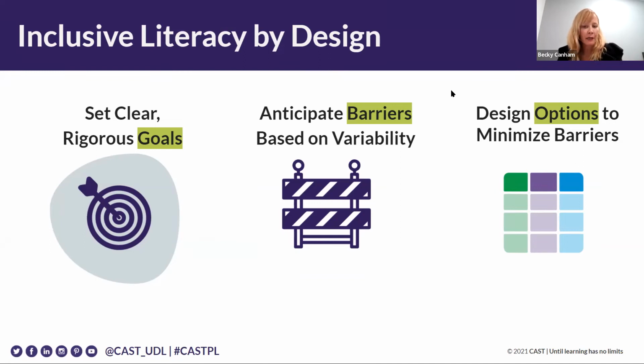Now we want to go deeper in thinking about how we can design options to minimize those barriers, specifically the barriers we anticipated, and what options might reduce those barriers for our learners.